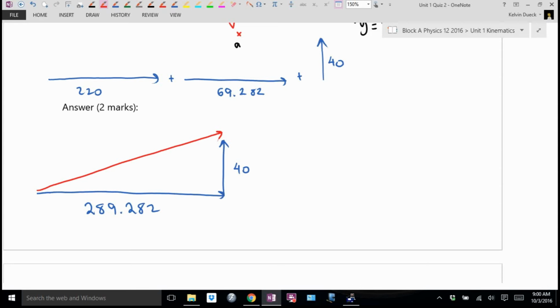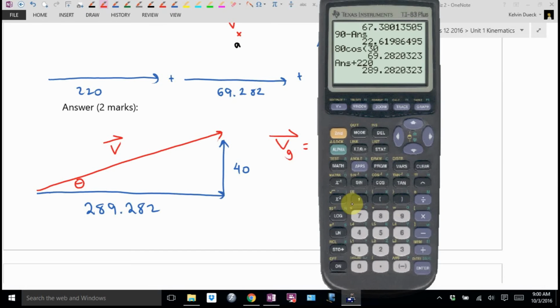Now what? Same old, same old. There's theta, and there is the V that we want. So I can use Pythagoras. It's going to be this number squared plus 40 squared equals V squared. Oh, almost works out even. 292 meters per second.